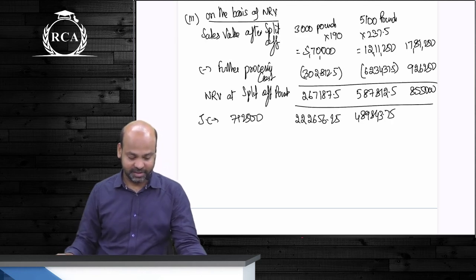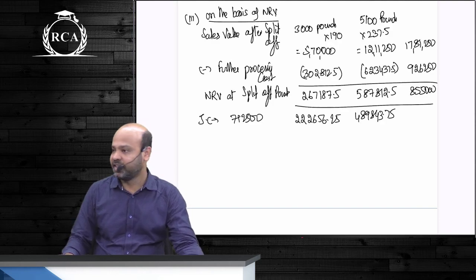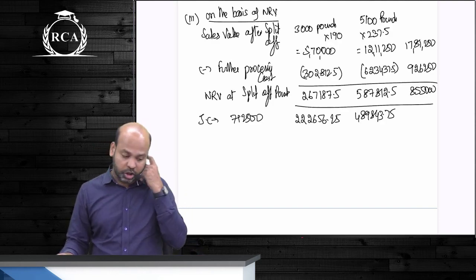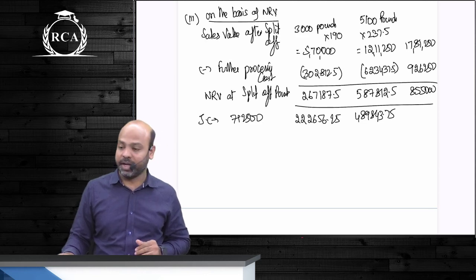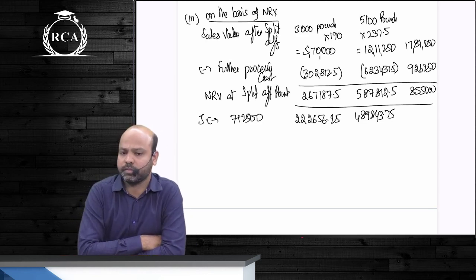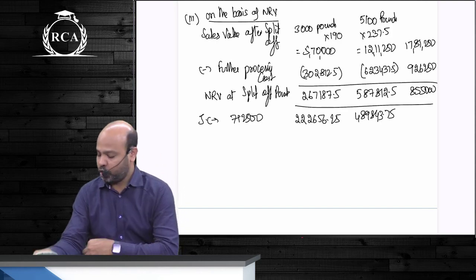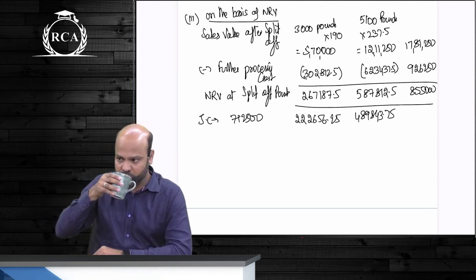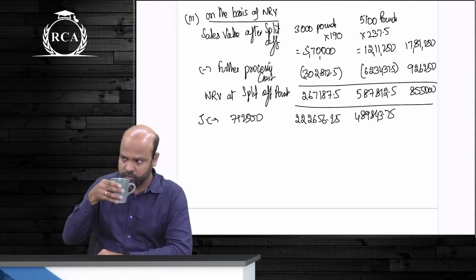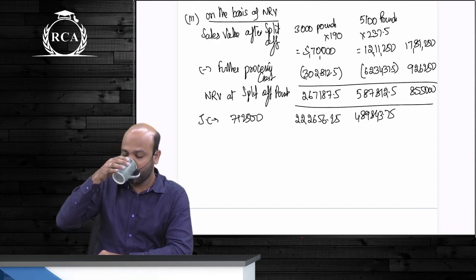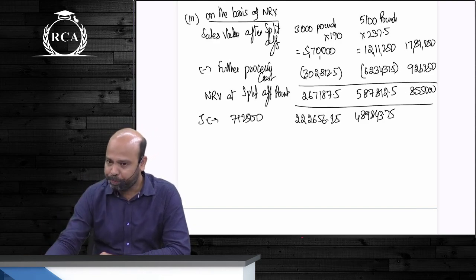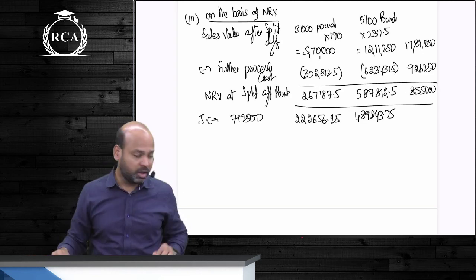Correct, beta? This will be joint cost allocation, guys, on the basis of NRV. Joint cost allocation on the basis of NRV, guys. Are we clear about this?